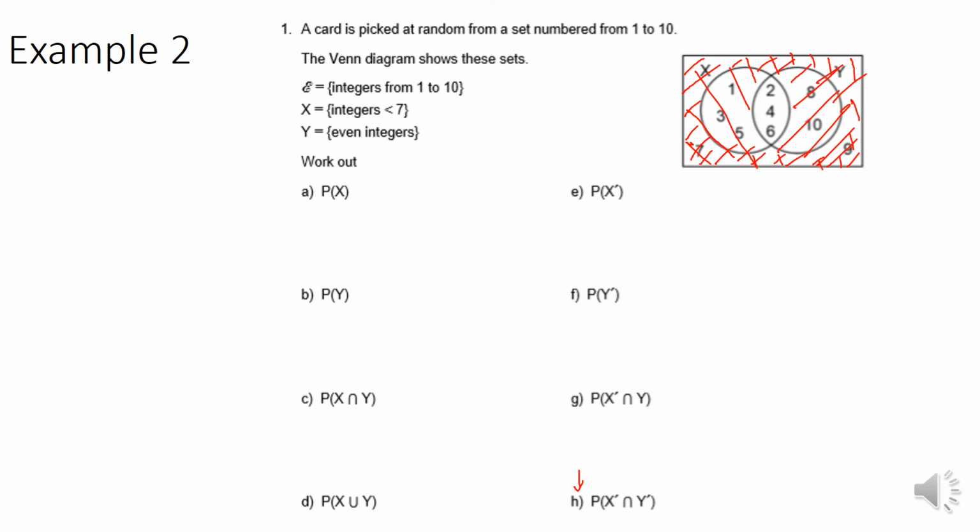Okay, so looking for the bit that is double shaded, because it is intersection. The bit that is double shaded, that is everything not in a circle at all. So that is just 7 and 9. So that gives us 2 out of 10, or 1/5.